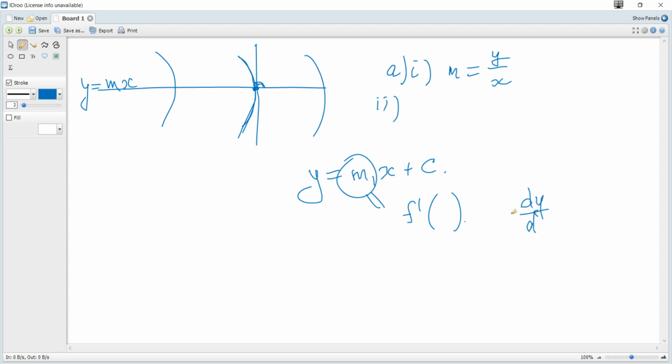But here we need it in general for every point, or just in terms of x and y.